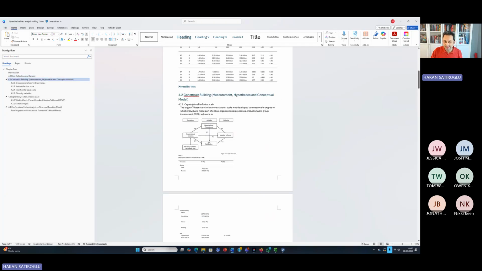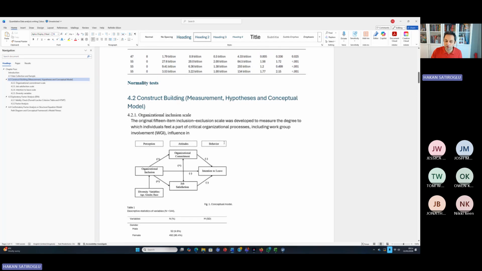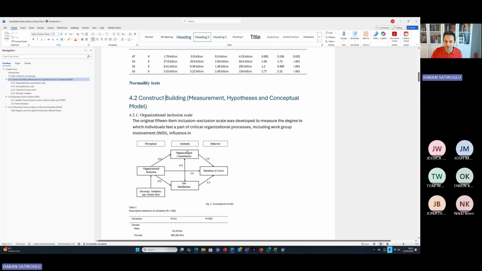Then this section, you can either show it in your methodology section, construct building. It means your questionnaire and your conceptual framework. So this is the conceptual framework: intention to leave, job satisfaction.